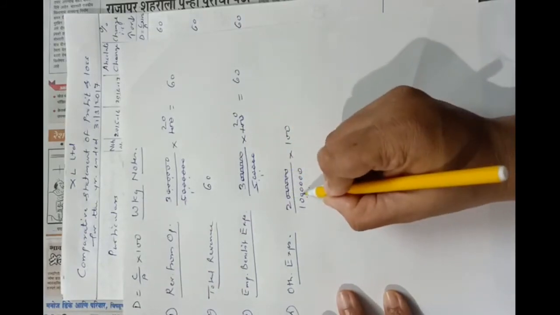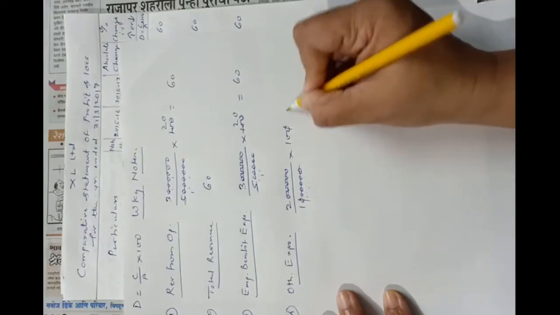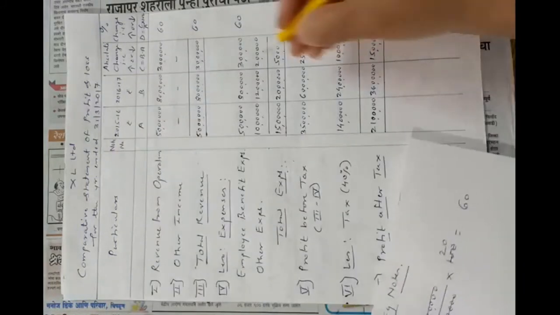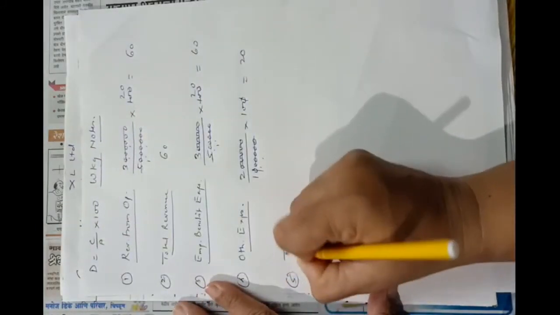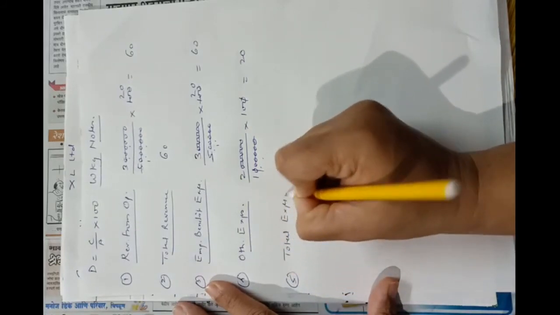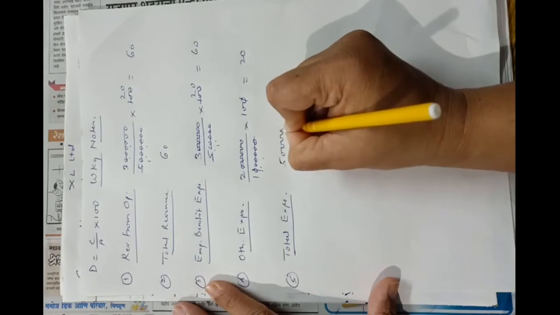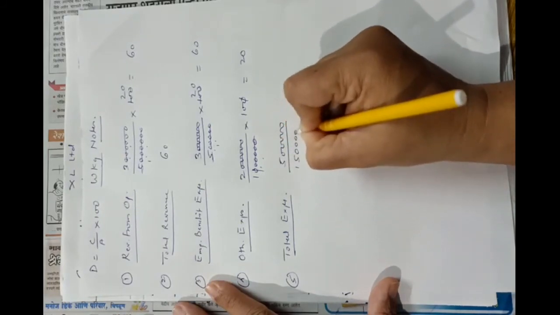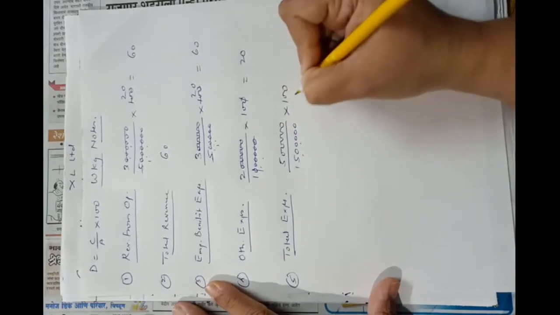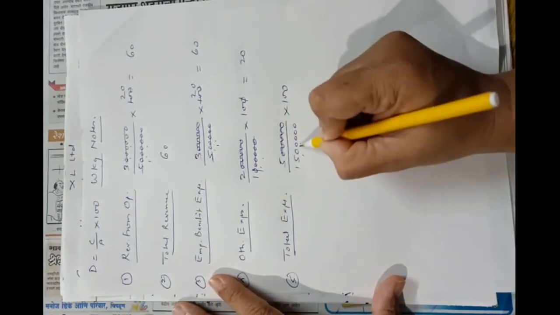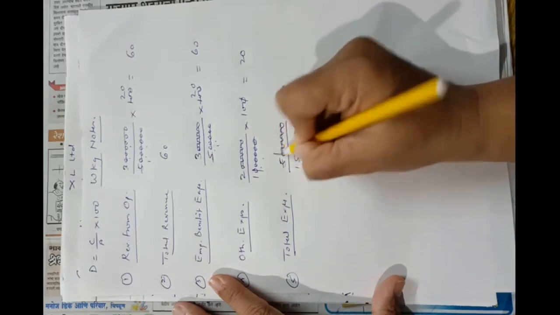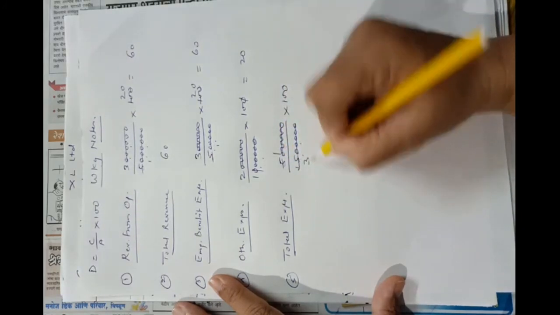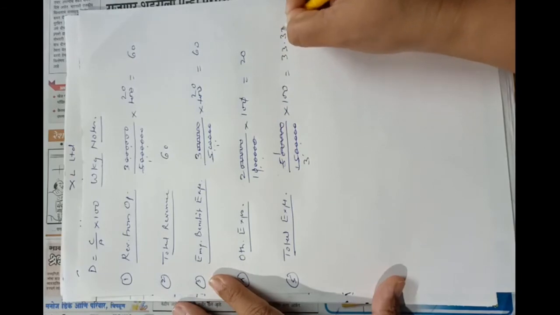So 5 zeros are cancelled against these 5 zeros, and the answer is 20. Now percentage of total expenses, 5 lakhs divided by 15 lakhs into 100, 5 zeros against these 5 zeros, and 300 divided by 3, it will be 33.33.